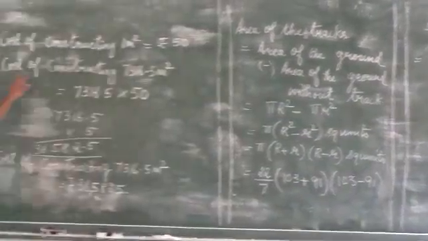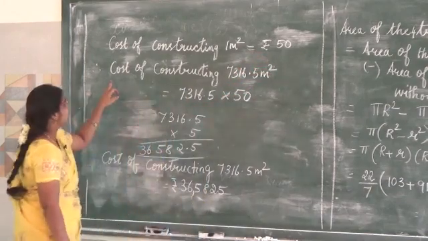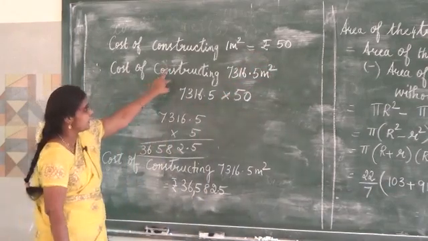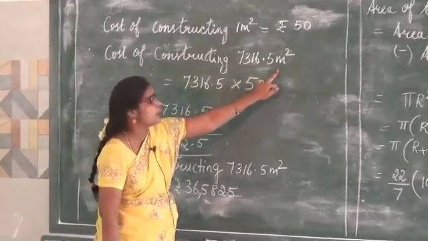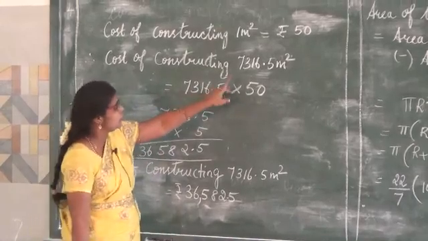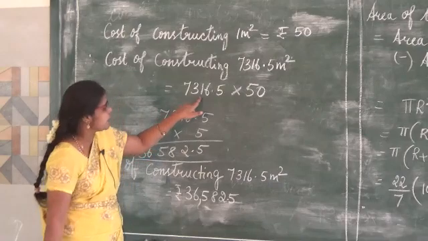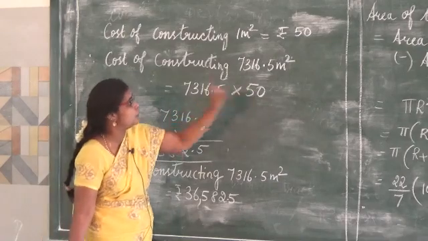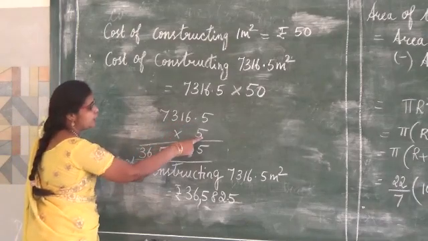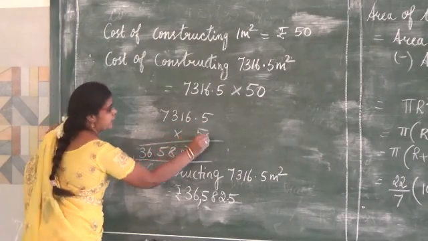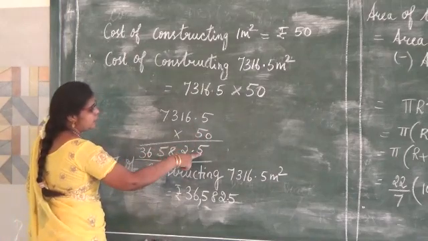The cost of constructing 1 meter square is equal to rupees 50. Therefore, the cost of constructing 7,316.5 meter square we are going to find out. So what we should do? We have to multiply these two things. So 7,316.5 into 50. So 7,316.5 into 5, and you can write 0 here, 50. So 5 5s are 25.